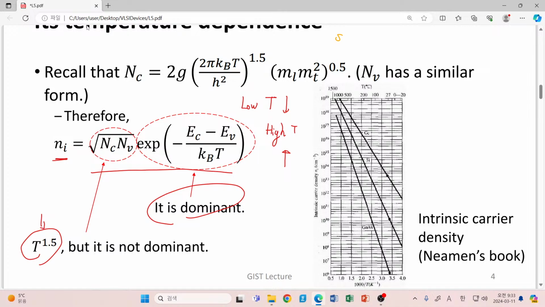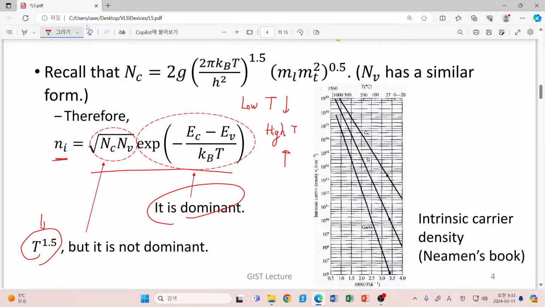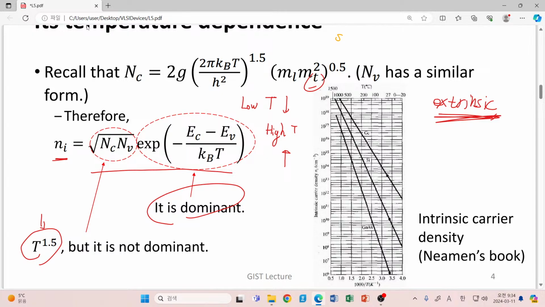For example, 900 Celsius or even higher is applied to our silicon wafer in order to diffuse our impurities into the silicon substrate. In such a case, it is really difficult to have extrinsic conditions. What are the extrinsic condition and the intrinsic condition?